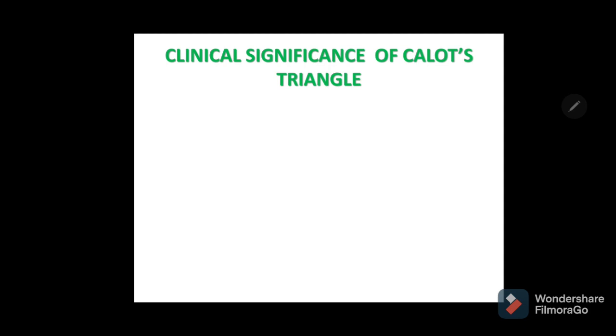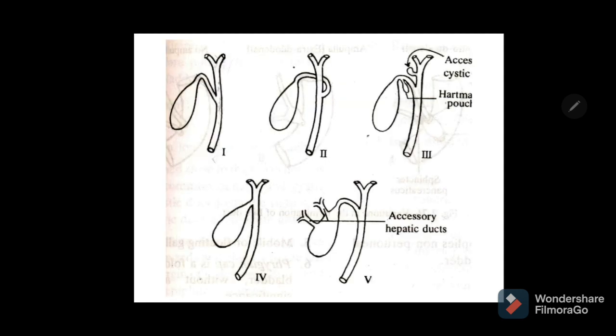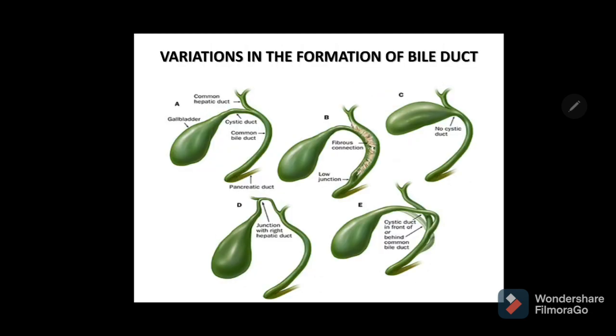The particular importance content here is the right hepatic artery. This should be and must be identified by the surgeon prior to the ligation of cystic artery. And if Calot's triangle cannot be separated or dissected or found out, the surgeon may go for subtotal cholecystectomy or go for open surgery.